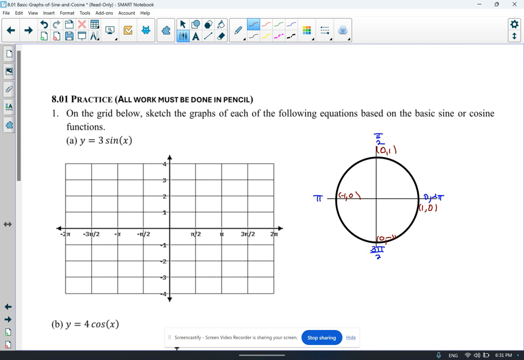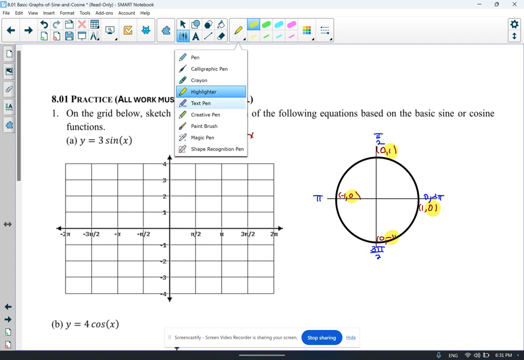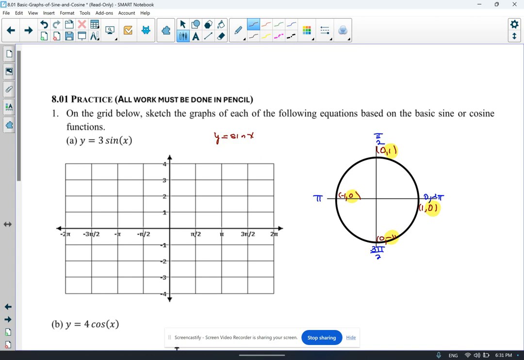So typically, if I was just graphing y equals sine of x, we would just pull off the y coordinate from the unit circle, and we're literally unwinding the unit circle onto the graph.